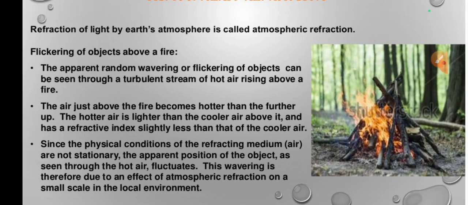The hotter air is lighter than the cooler air above it and has a refractive index slightly less than that of the cooler air. Since the physical conditions of the refracting medium, air, are not stationary, the apparent position of the object as seen through the hot air fluctuates. This wavering is therefore due to an effect of atmospheric refraction on a small scale in the local environment.